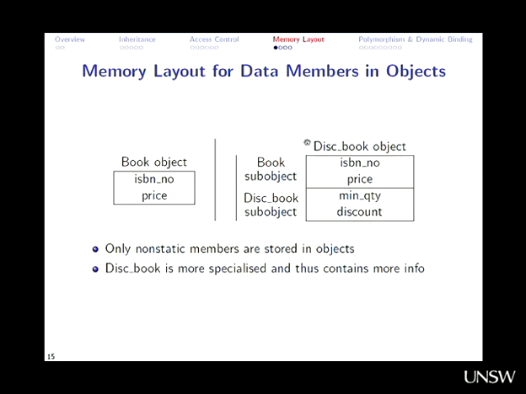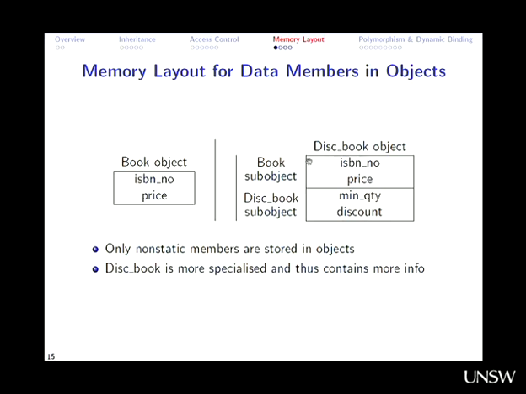A discounted book object has an ISBN number and a price, and then it also has a minimum quantity and a discount. In memory, the book object and the discounted book object share the same memory layout to start with.